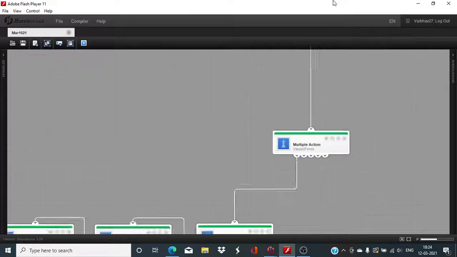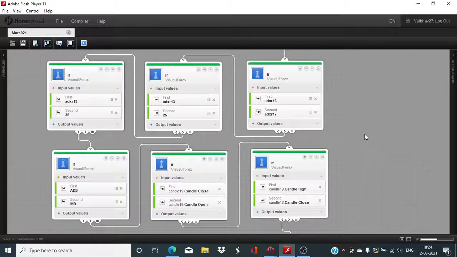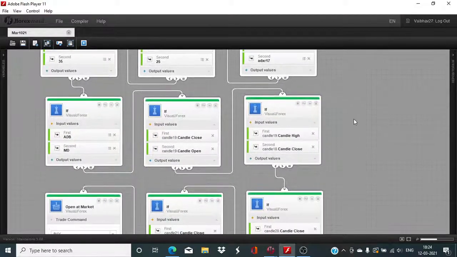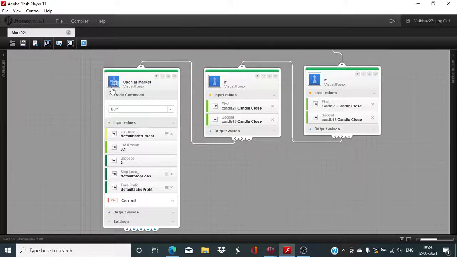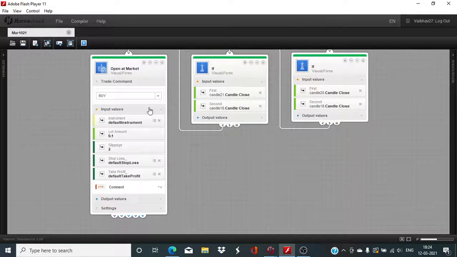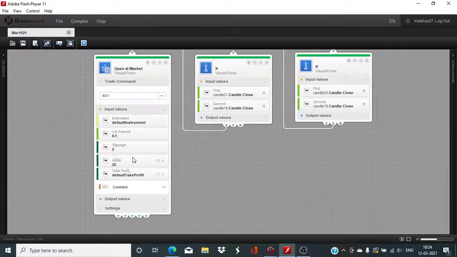And then on the lower side, I have added these logical requirements which need to be fulfilled prior to the execution of the buy trade. And in last session, I had added this buy at market order block. But in this, we are going to define two input values in today's session, but we will not do it straight away.